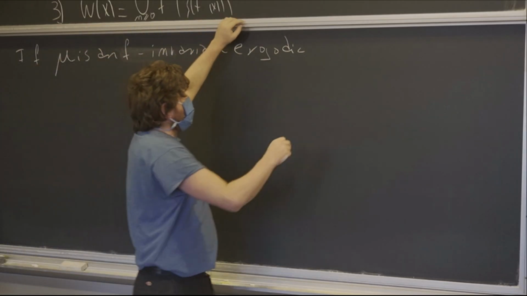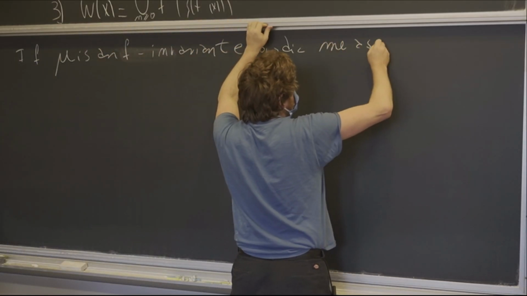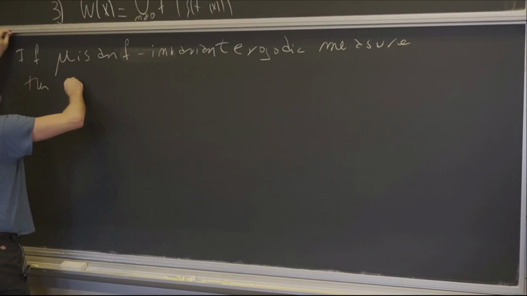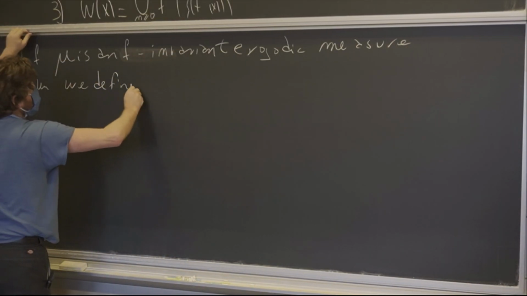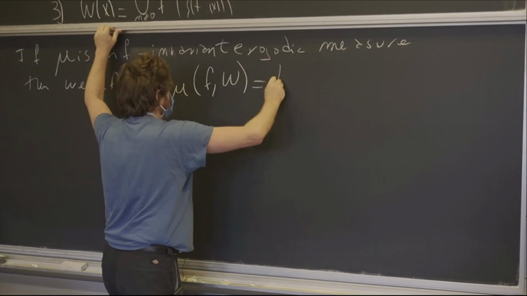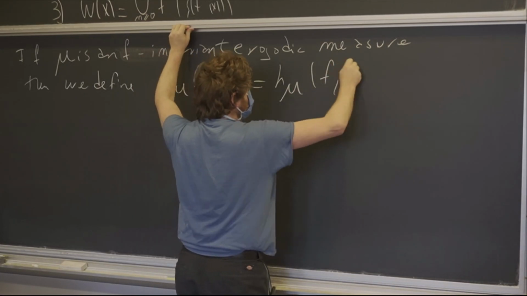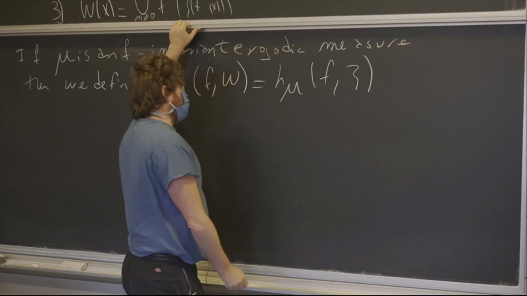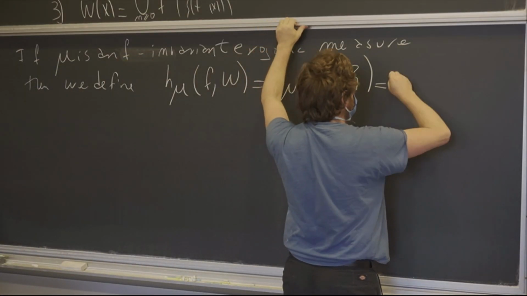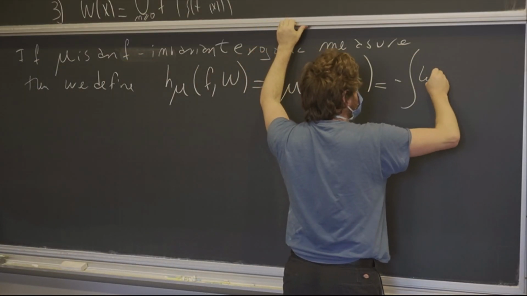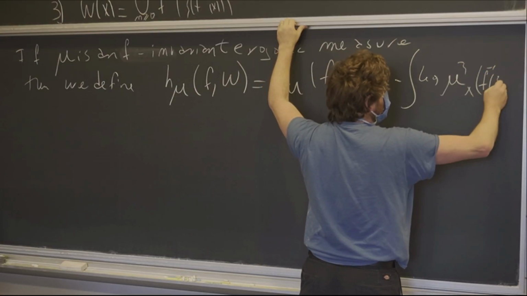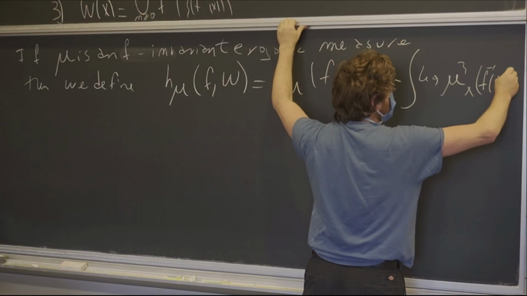But measure, then we define h_mu(f, W) as h_mu(f, xi). Okay, and that one we already defined, so this is the same as minus integral logarithm of mu_xi(x) of f^{-1} xi(f(x)) d mu.